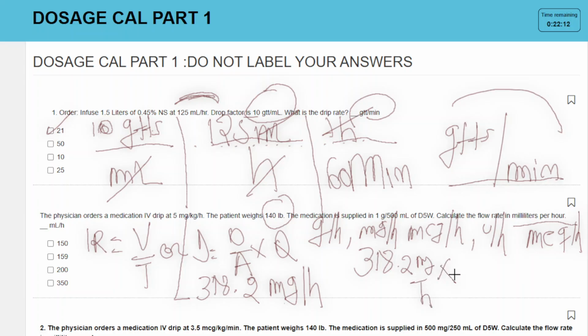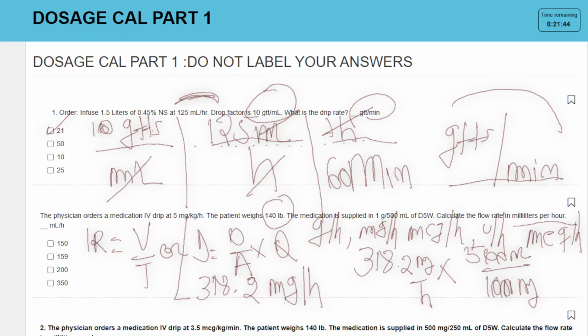I'm going to multiply that one by quantity, which is 500 ml. Since I need to end up only with milliliter per hour, I need to cancel milligram. My available is a gram, so I convert a gram to milligram, it becomes 1000 milligram. From there, you can see milligram and milligram can cancel out.